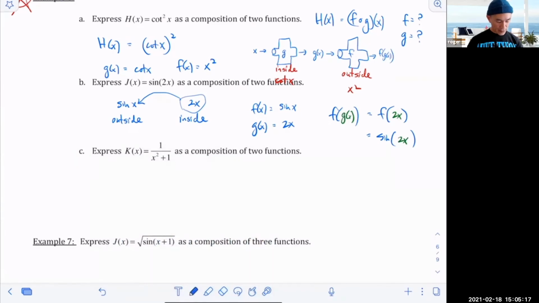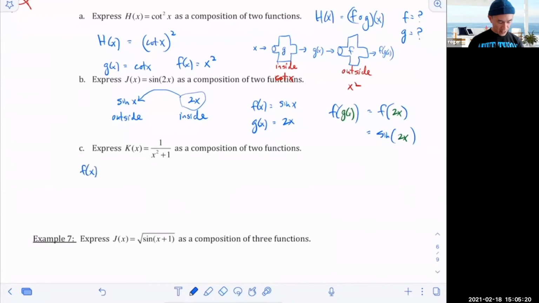He is saying that the outside function f of x is going to be 1 over x, and the inside function is going to be x squared plus 1. I think that looks correct. Does anyone have a different answer? Because there is more than one right answer.